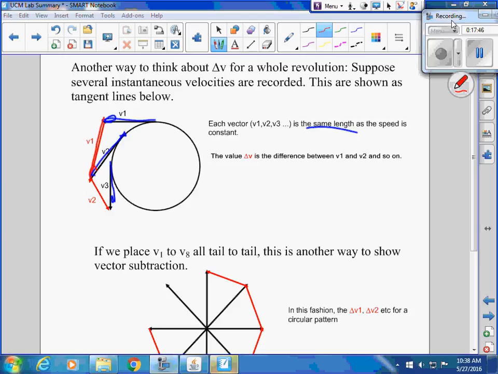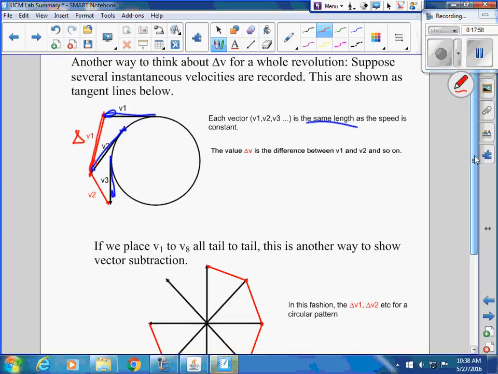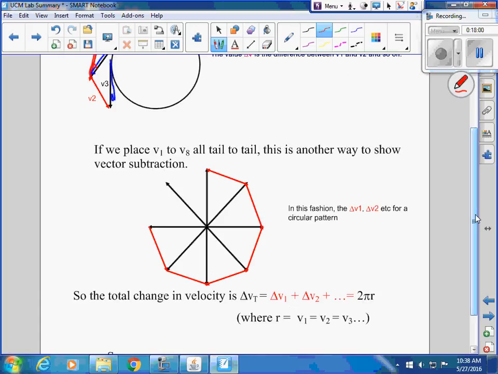This delta v1 here is the change in those two. And if we place v1 to v8 all tail to tail, this is another way to show vector subtraction. I haven't really talked a whole lot about how vector subtraction is tail to tail, but if you were to take all those vectors and place them tail to tail, it would look like this black thing right here.